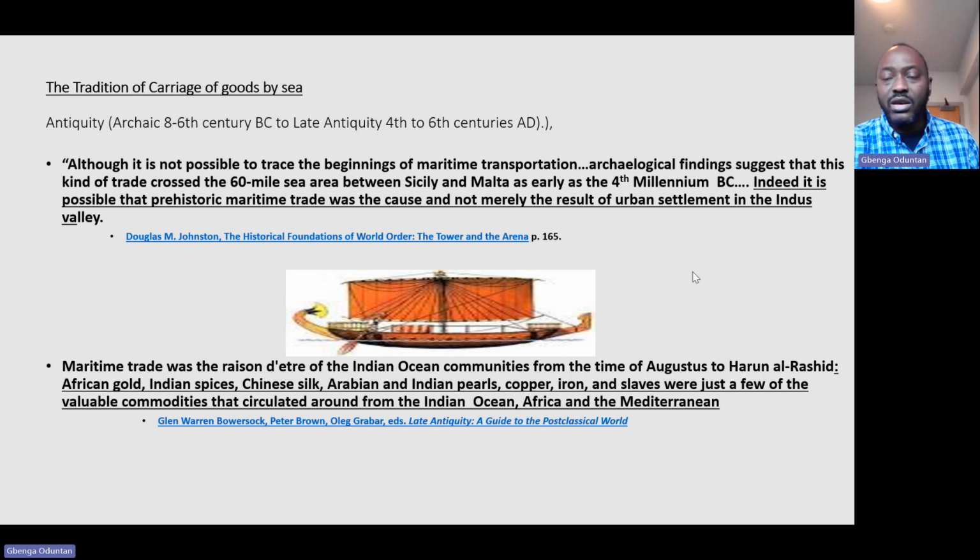Hence, the history of the content of trade in international affairs has also been the history of the transportation of goods through maritime territories, whether we're talking about slaves, copper, iron, any commodity, or just large numbers of people. The best way to transport them between two states, two territories, two continents is by sea.